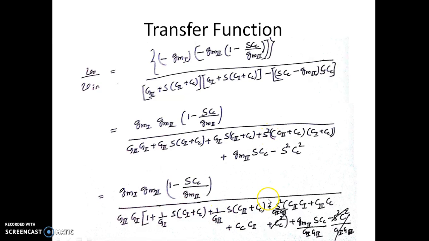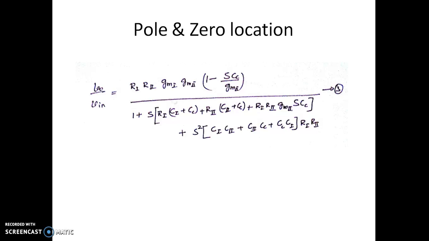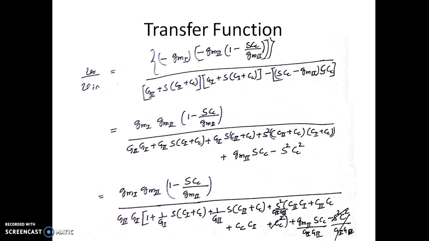We don't have anything here, so g1 g2 both are left in the denominator, and of course for this we have neither g1 nor g2, that's why in the denominator we have g1 g2, and here also we don't have any term. When I take out g1 g2, I am going to end up with g1 g2 in the denominator. So by doing these simple mathematical steps, we are now rewriting 1 over g1 and 1 over g2, which were taken as a common factor.